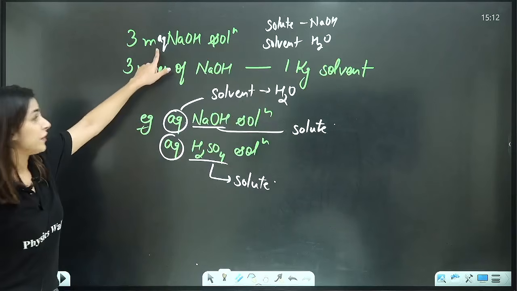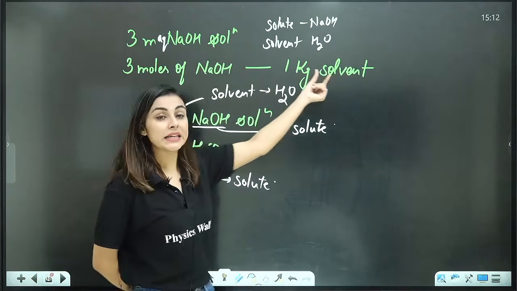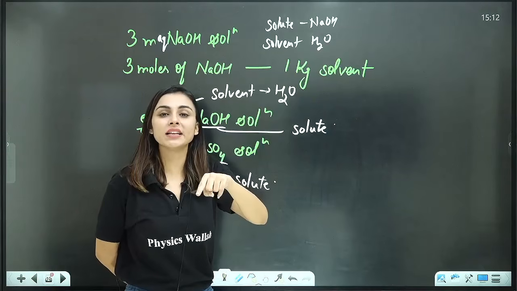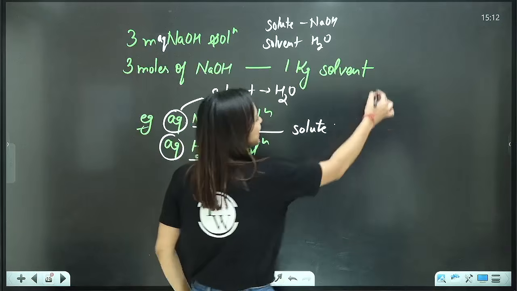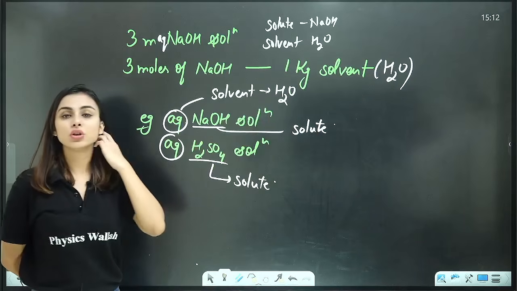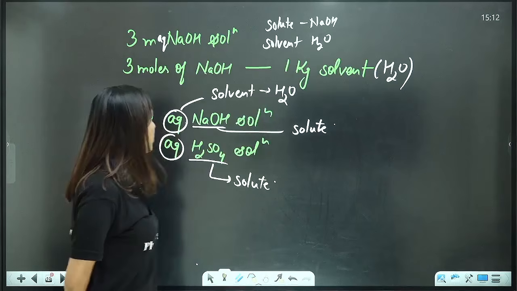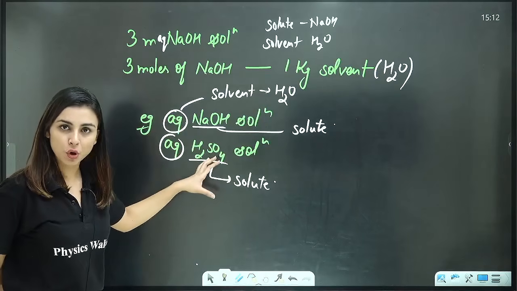So if aqueous is written, we can say 3 moles of NaOH are present in 1 kg of solvent, and we know the solvent as well. Which solvent? It is water. Right? Yes. So this is how you are going to decode the information. I hope you understand this, and this is a very important part.